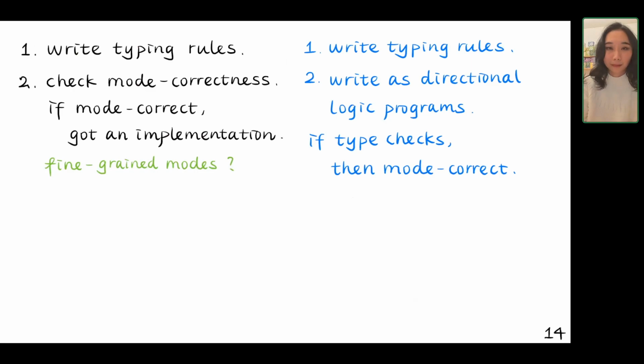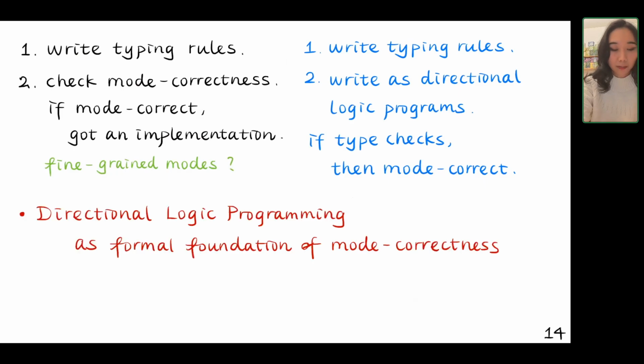You can't make up something out of nowhere. Then the original type system would be mode correct. So we can see our work as using directional logic programming as a formal foundation for mode correctness, which is especially useful in the situations where our intuition breaks down.